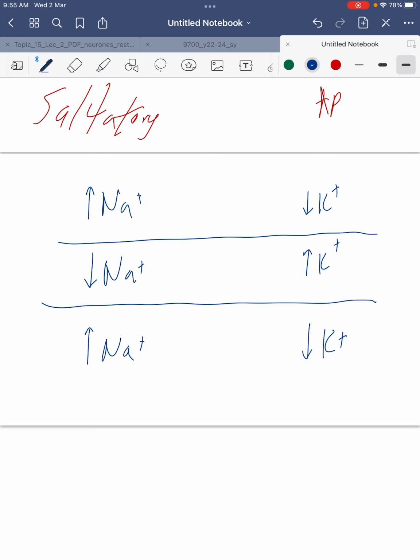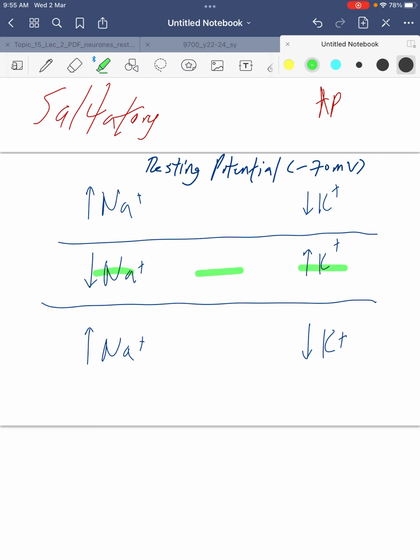Remember we are talking about resting potential. We say that the resting potential is about minus 70 millivolts. How is this possible? The inside is more negative compared to the outside.